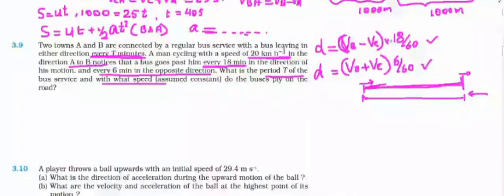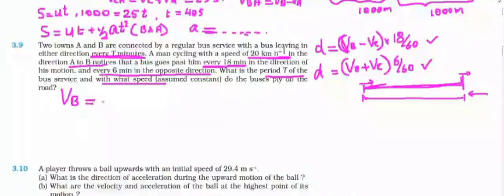So these two d values are equal, because in both the directions, please understand clearly, both the direction bus are going with the same speed, and in both the direction time interval of bus is capital T minutes. So both the direction distance traveled by the bus will be same. Okay, so we can equate these two quantities and can simplify and find the value of v.